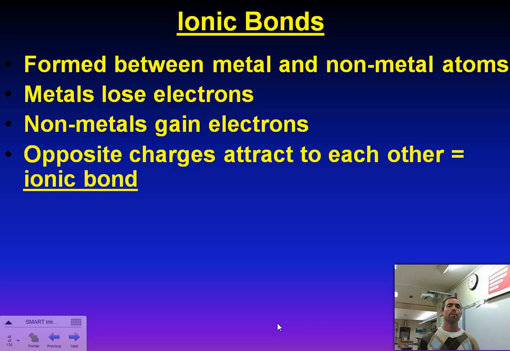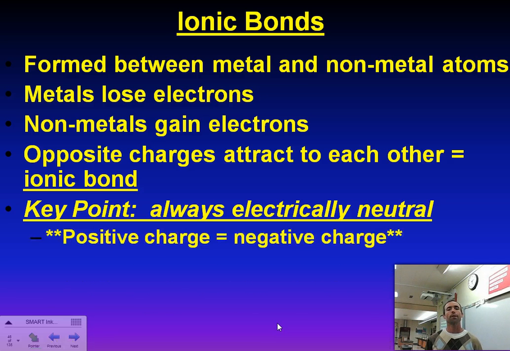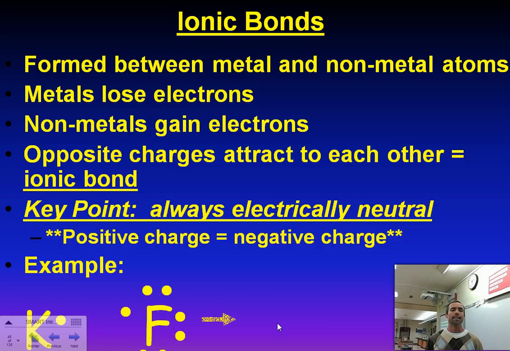Now, the key thing to remember out of all things is that ionic bonds are electrically neutral. That means the amount of positive charge must equal the amount of negative charge. Okay? Now, an example, you can see here we've got potassium with 1 valence electron and fluorine with 7. Potassium is a metal, fluorine is a non-metal.